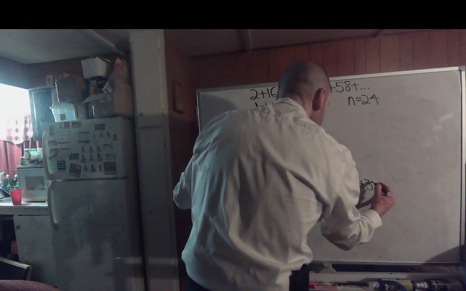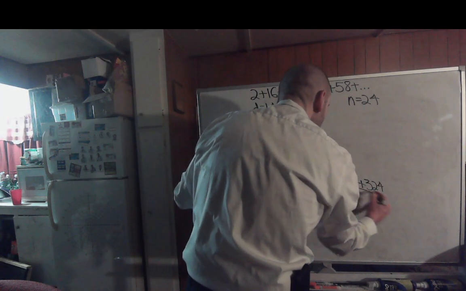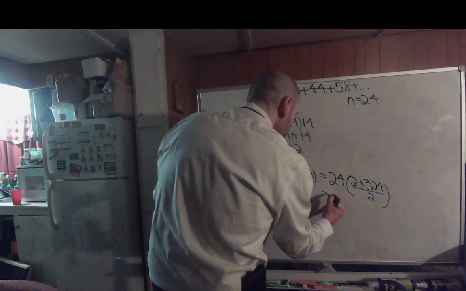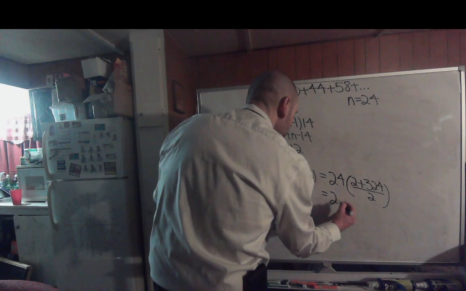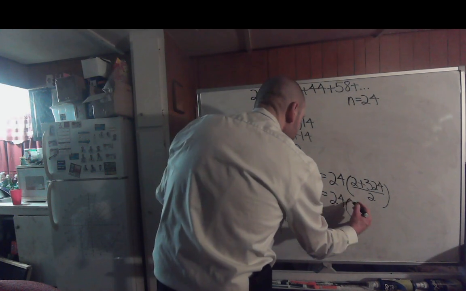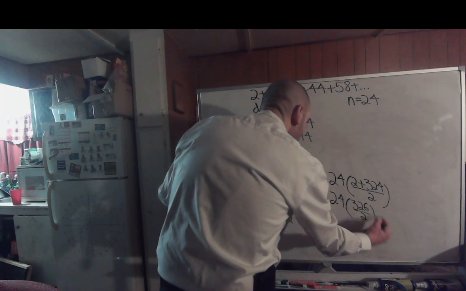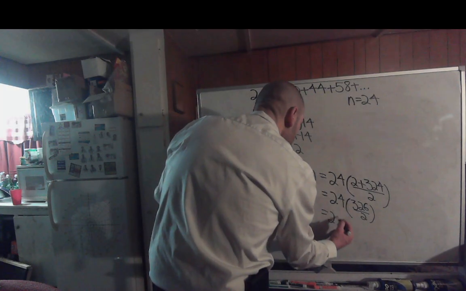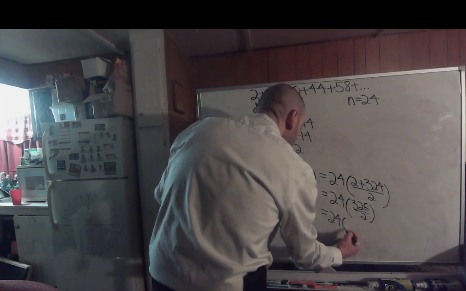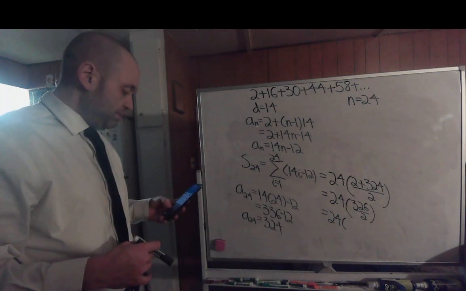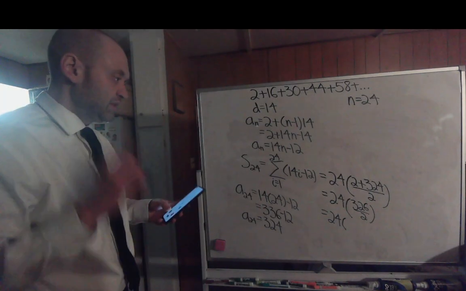So 2 plus 324, all that divided by 2. Okay, so this will turn into 24 times 326 divided by 2, which would give you 24 times whatever 326 divided by 2 is. I would think 163, but let me be sure.